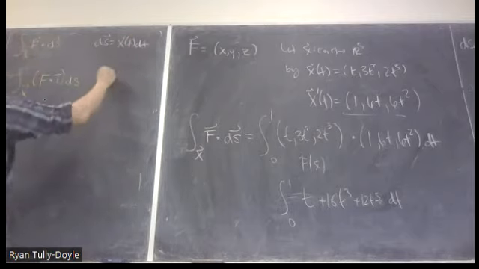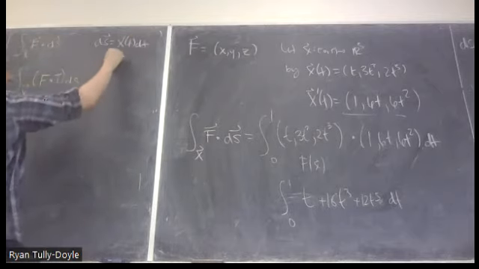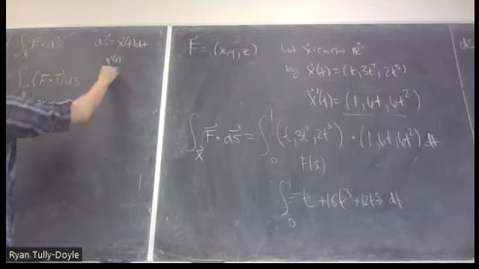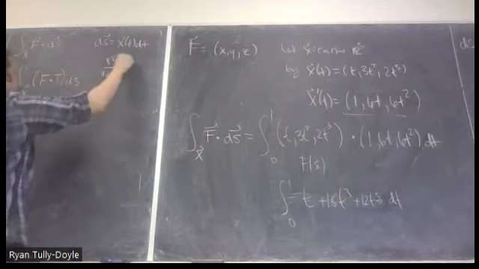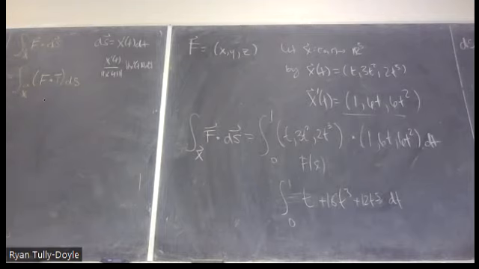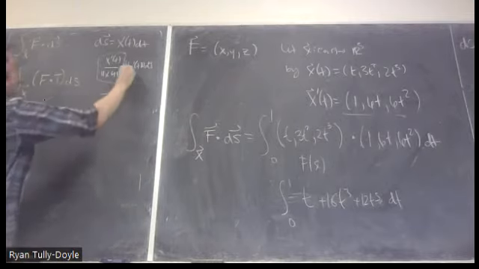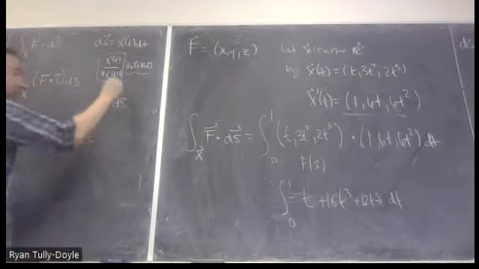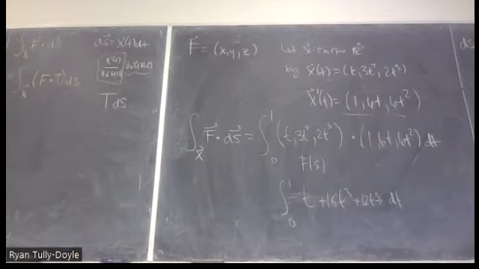But I could write this as x'(t) over the length of x'(t) times the length of x'(t). I can uncancel the length of x'(t). And if you remember the definitions, this is the definition of the unit tangent vector. That's T, and that is scalar ds. So this gives us a way of sliding back and forth between thinking of this as a vector-valued ds and a scalar-valued ds, which is often useful in interpretation.